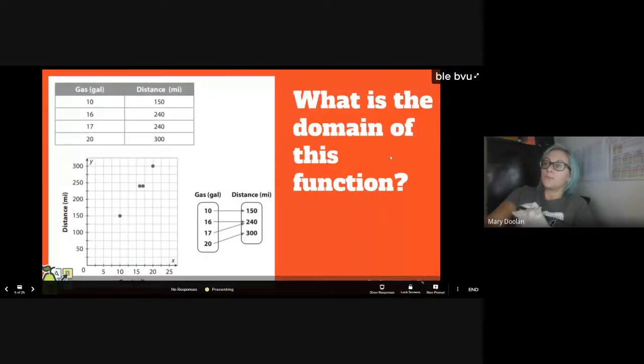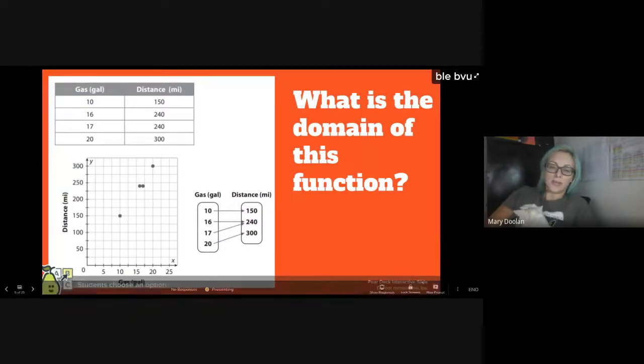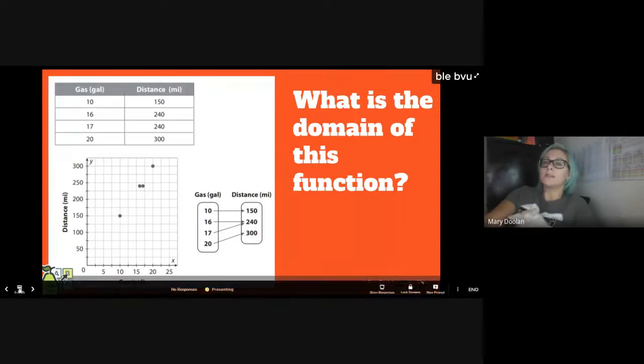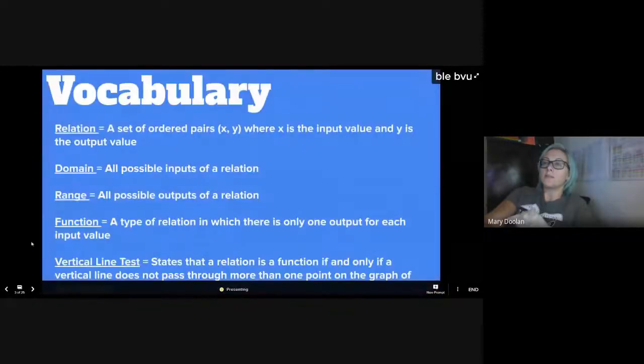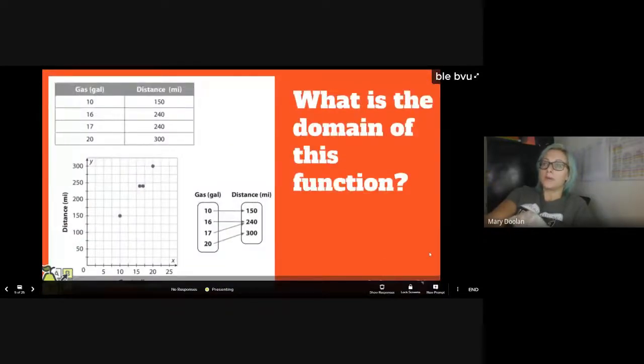And so what we're going to do first is, what is the domain of this function? So even though it's represented three different ways, if I look at those, they're all using the same values as inputs and outputs. And we just talked about in the vocabulary back here, domain is all possible inputs of a relation. X is the input value. So on your Pear Deck slide, it's a multiple choice slide.